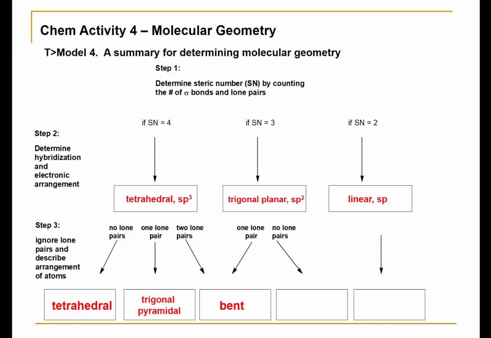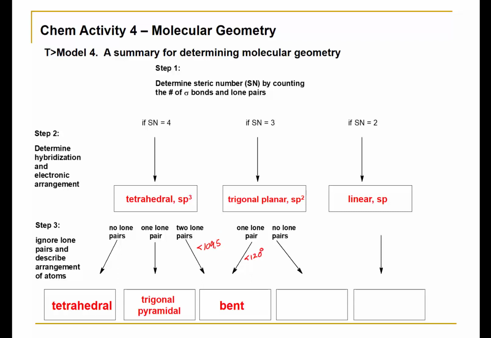If we have a steric number equal to 3 and one lone pair, we also have a bent structure. You might appreciate, however, that the bond angles are different. So in the case of steric number equal to 4, we would have a bond angle of less than 109.5. In the case of water, remember it's around 104.5. Whereas in the case of steric number equal to 3, the bond angle is on the order of 120 degrees.